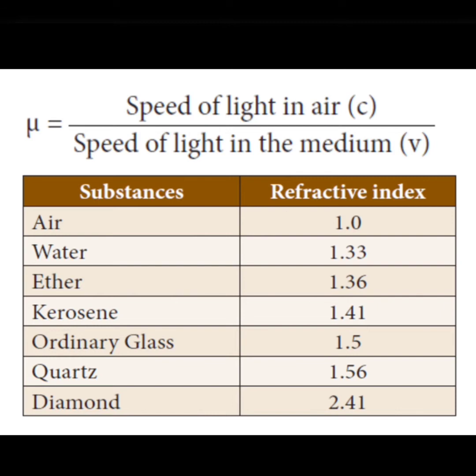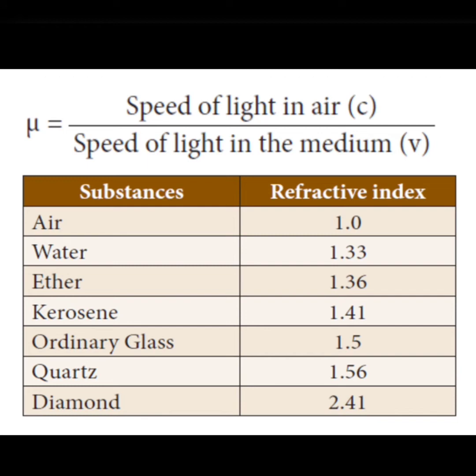So, mu is equal to speed of light in air divided by speed of light in the medium. Speed of light in air is represented as c. Speed of light in the medium is represented as v.